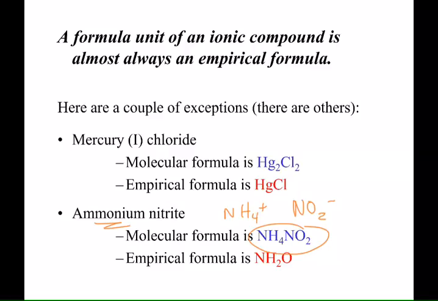Now that's how we would write ammonium nitrite, if we were going to reduce it. Notice that actually we have 2 nitrogens, even though one is an ammonium and one is a nitrite. You divide that 2 by 2, you divide the 4 for the hydrogen by 2, and you divide the oxygen by 2, and you end up with this empirical formula.